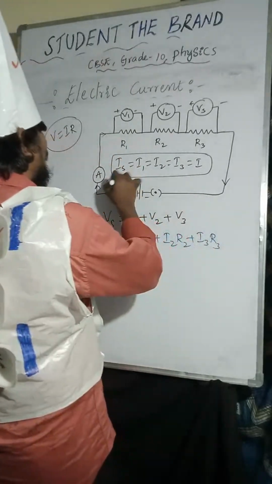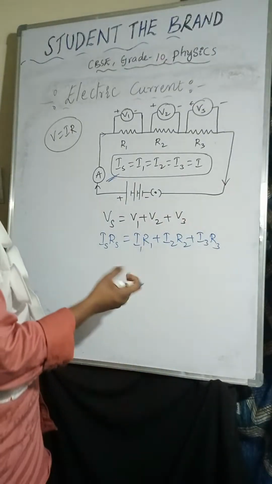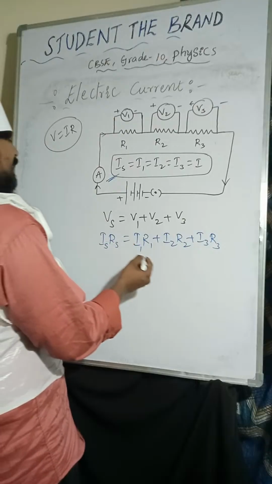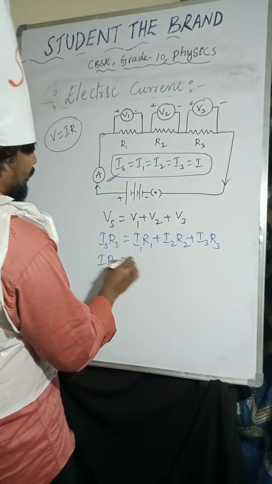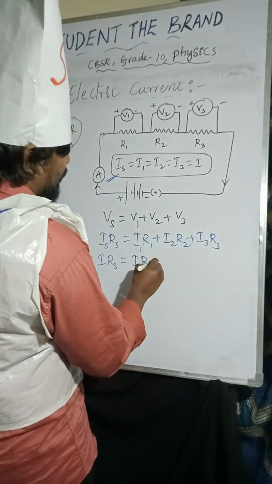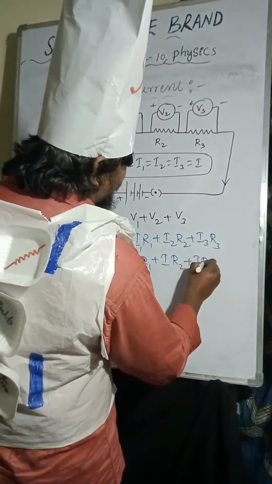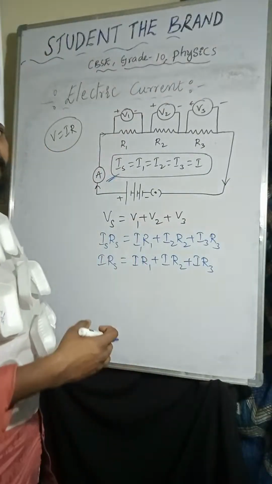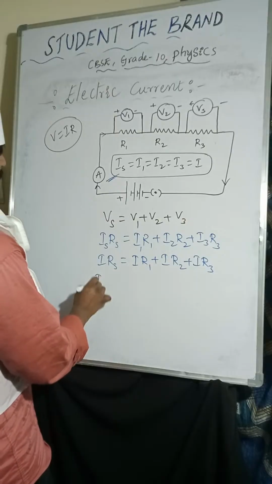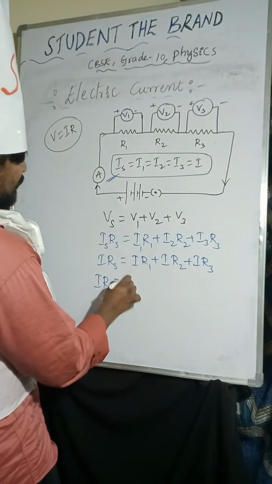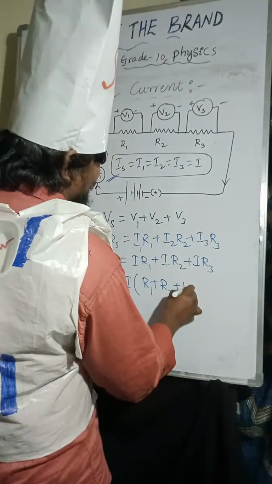We know this, right? Is equal to I1 equal to I2 equal to I3 equal to I. That's why instead of Is, I1, I2, I3, I am simply substituting I. Then we can write IR1 plus IR2 plus IR3. Now we can take I common: I Rs equal to I times R1 plus R2 plus R3.